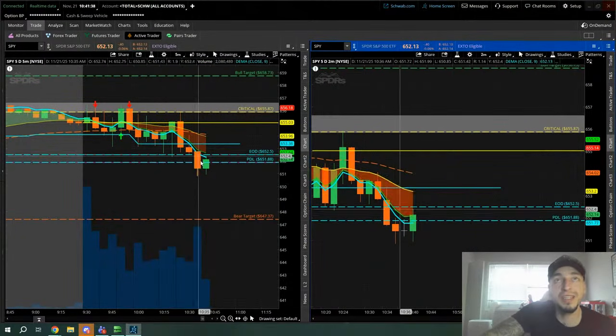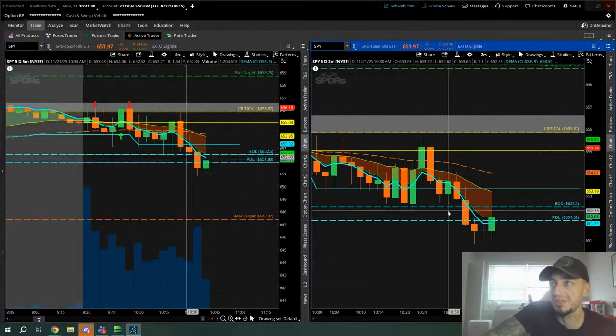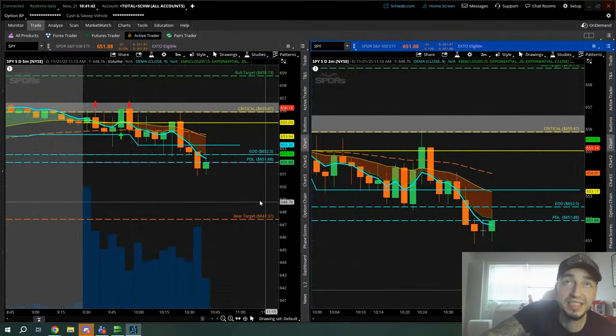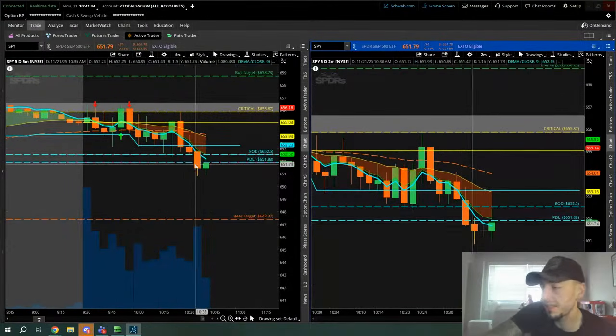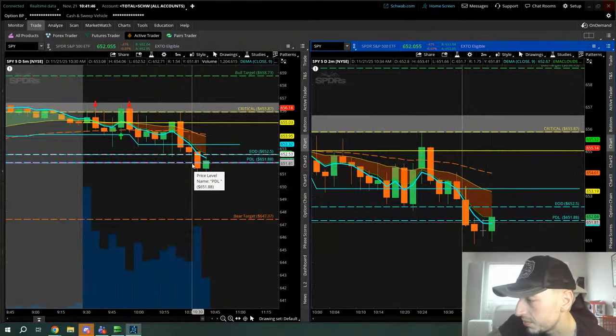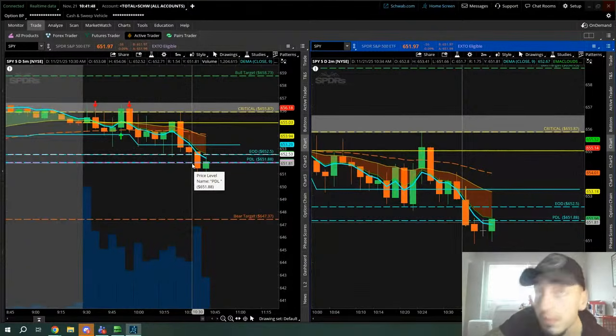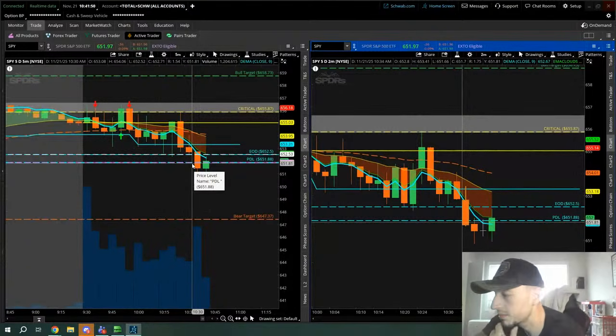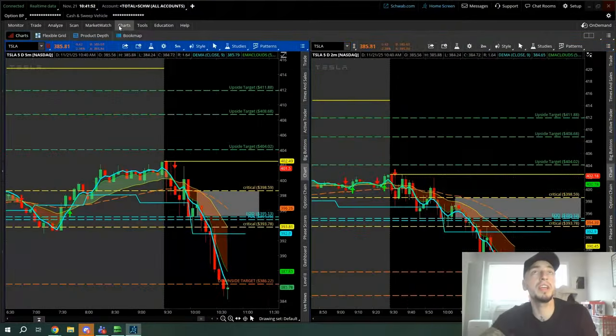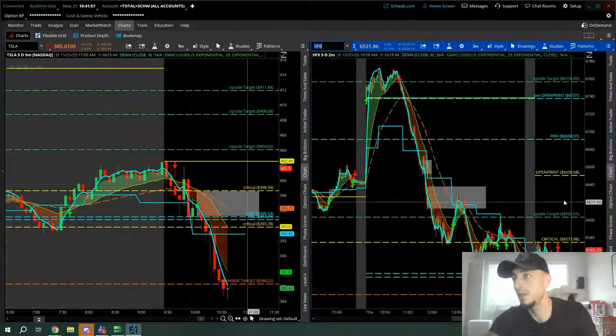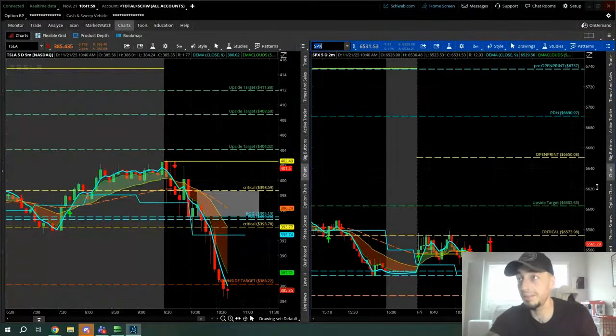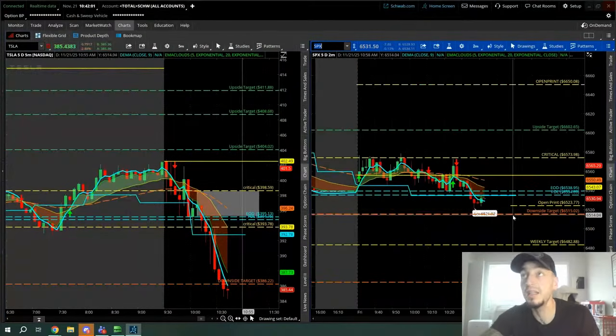All right, 5-minute trend's healthy. That 2-minute is a little sketchy, but we are retesting end of day right here at previous day low. Oh, dude, just look at this on the SPX. Hold on. This is important, guys. This is key.